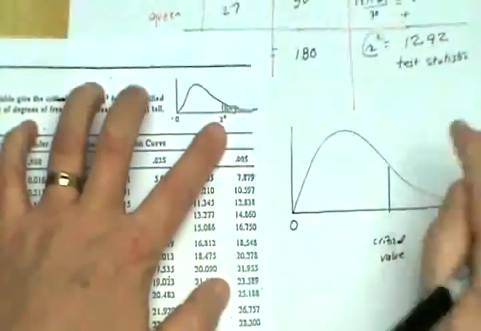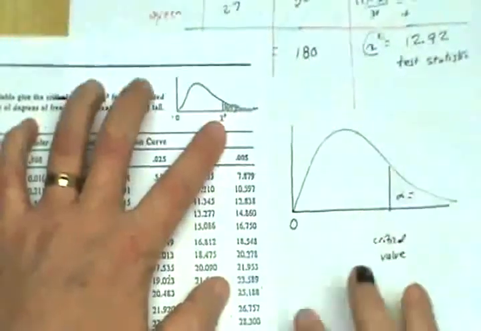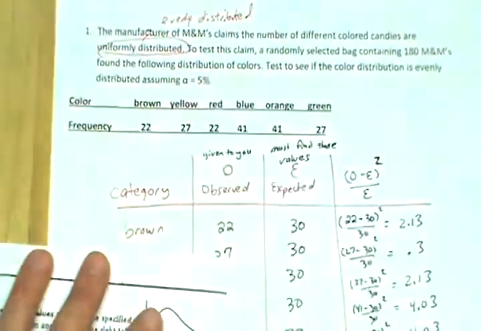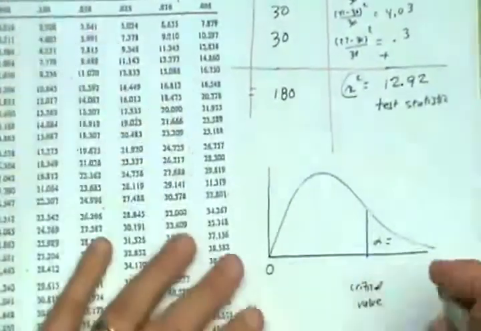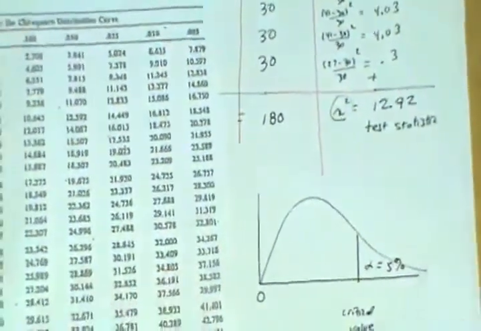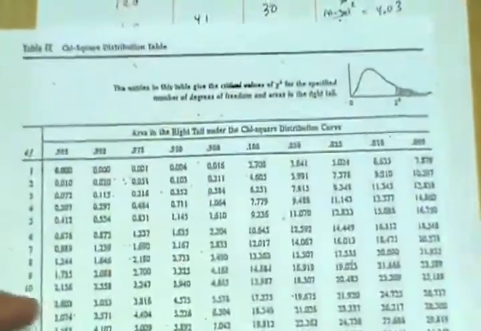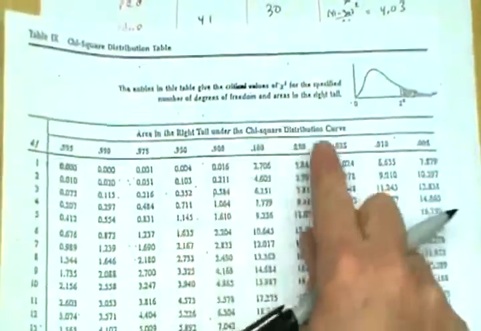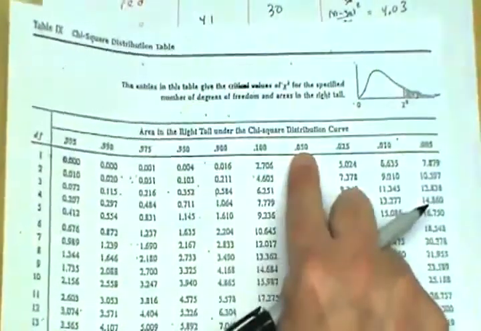The area in the tail is going to be your significance level, which, if I scroll up for a quick second, the question asks you for alpha to be 5%. Now if you look at the chi-square table, it says area in the right tail. Well, that's going to be the significance level we just found, which was 5%. So that's going to be 0.05.